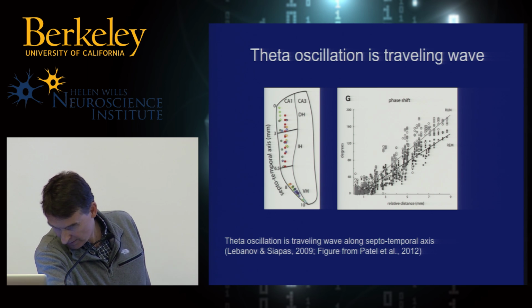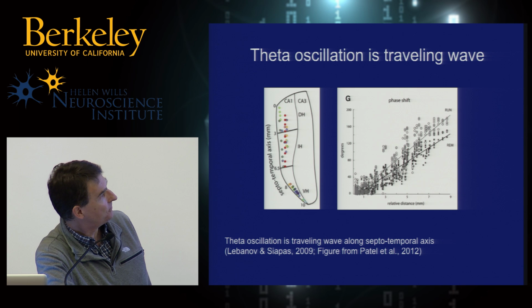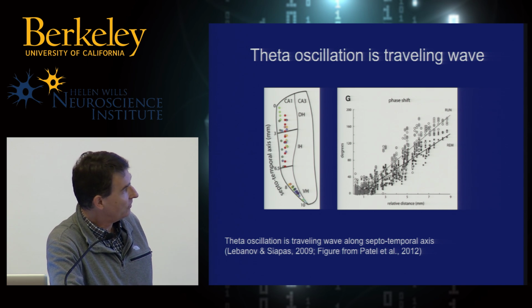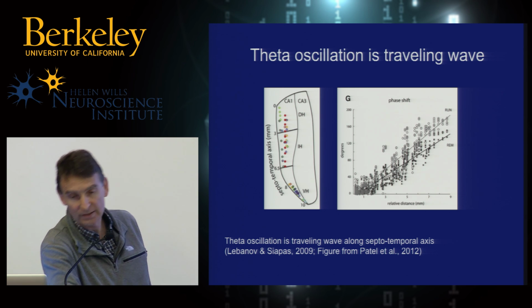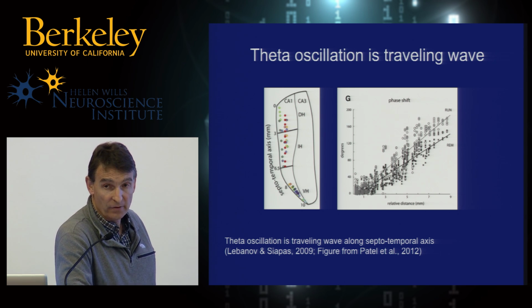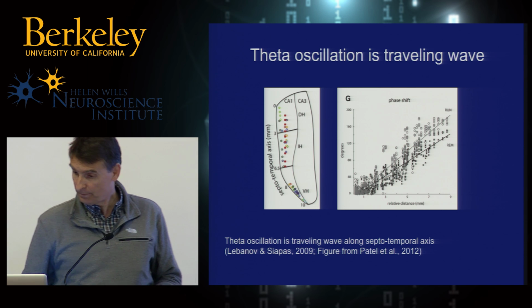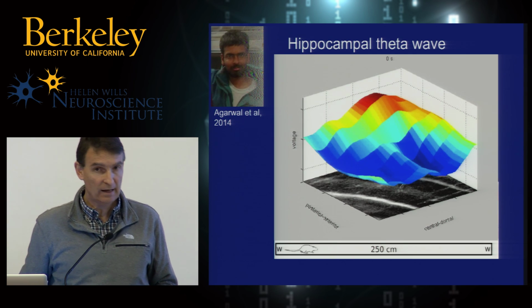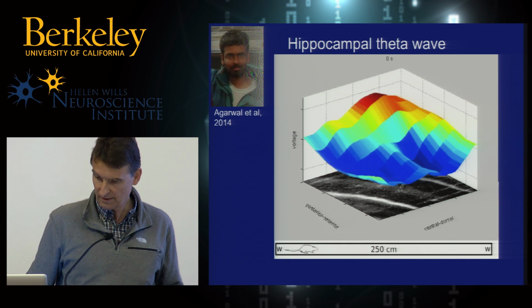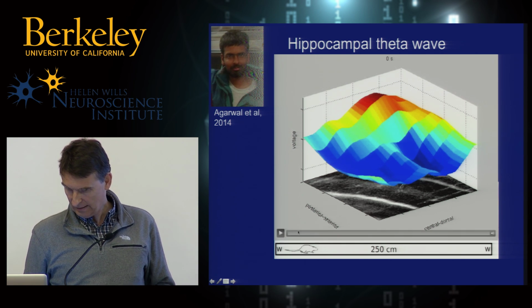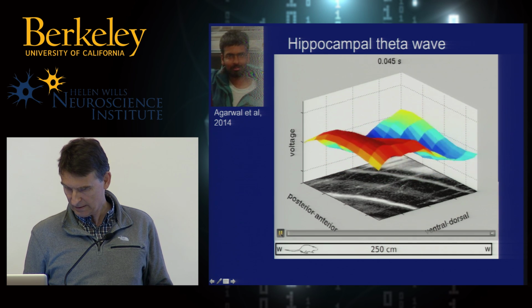And on the y-axis is the phase angle. And so you can see that as you wander along this axis, the phase angle goes up by basically 180 degrees. And so this means that this phase angle is a function of space. And if you look at it in time, you actually see this.